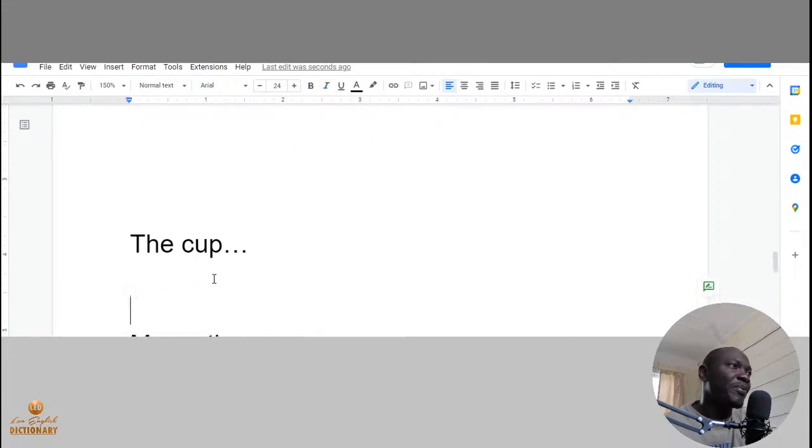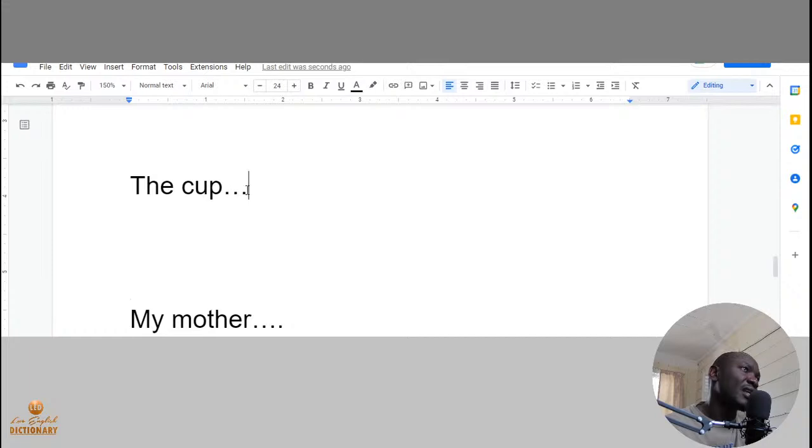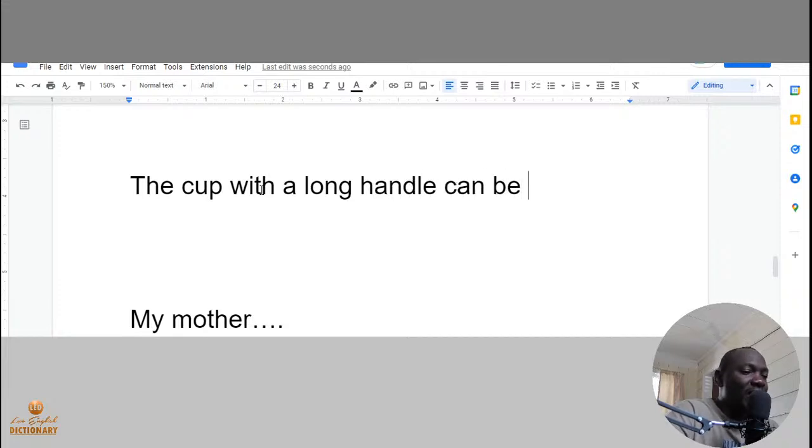Then the cup. Now this one, hey, you know, forming sentences is crazy. Now I have to do a sentence with the cup. The cup with a long handle is mine. Now I want to make simple sentences.